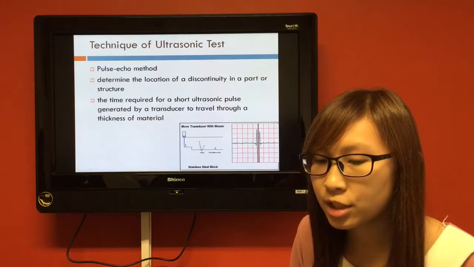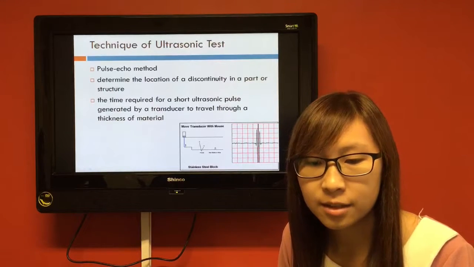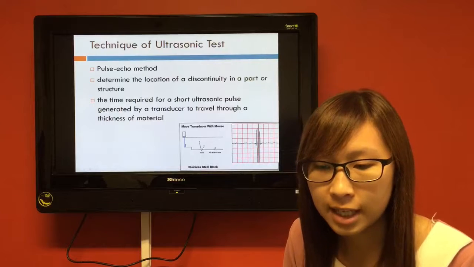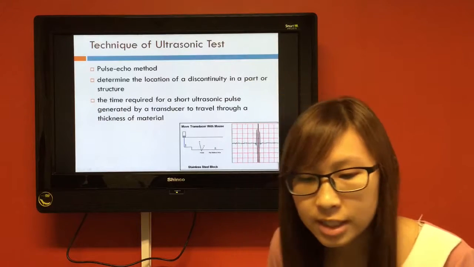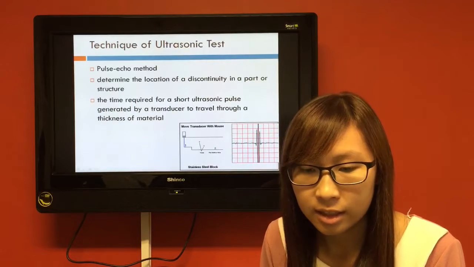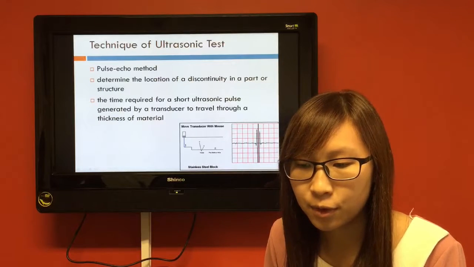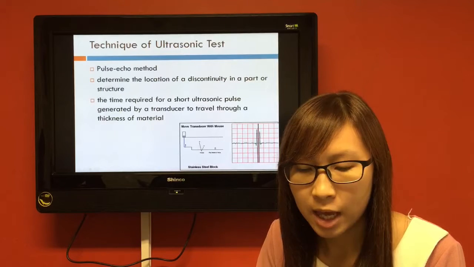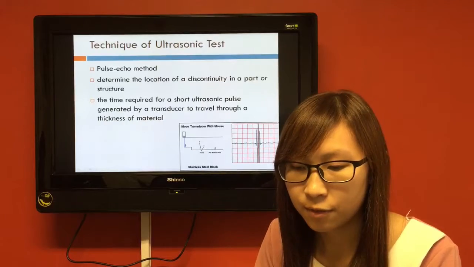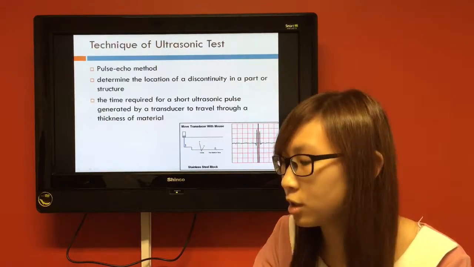In most applications, this time interval is a few microseconds or even less. The two-way transit time measured is divided by 2 to account for the down and back travel path and multiplied by the velocity of sound in the test material.